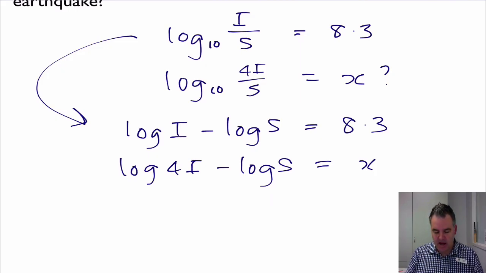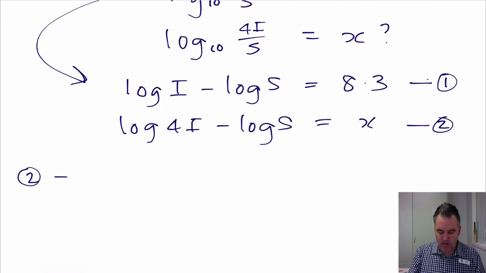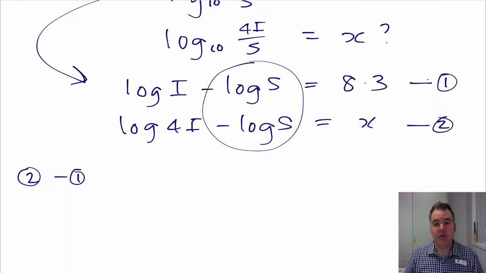Now you can see if I add the equations, that's not going to work, but if I subtract them, okay, if I say this is equation 2 and this is equation 1, equation 2 minus 1, these 2 terms here will disappear, won't they? Negative log S minus negative log S is negative log S plus log S. Those 2 terms will disappear.